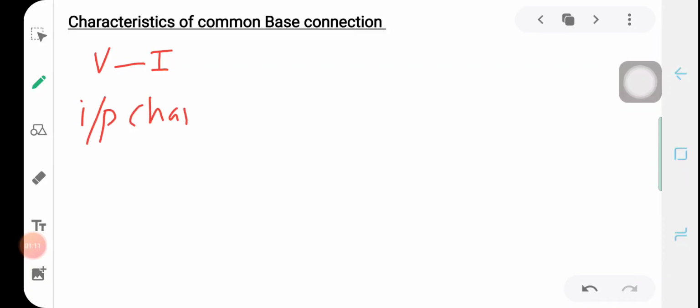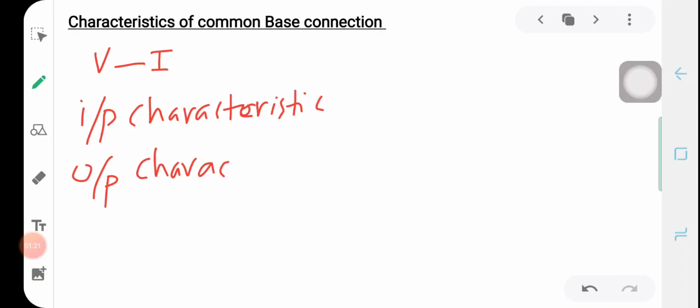And if we study the output voltage and output current, we call it the output characteristics. And also for practical purposes, we will consider one more characteristic, called transfer characteristics, which represents the variation of the output current with the input current.